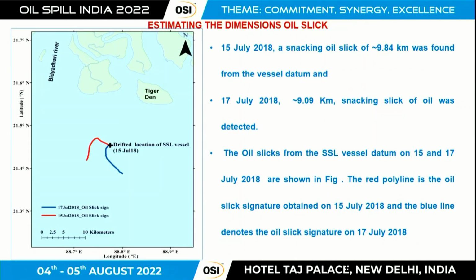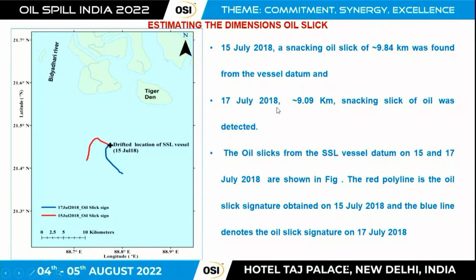In this picture, you can see that after processing the data, I have exported it to GIS maps. The blue and the red ones show the signatures obtained from the Sentinel data. The blue one is from 17th of July, and the red one is from 15th of July.